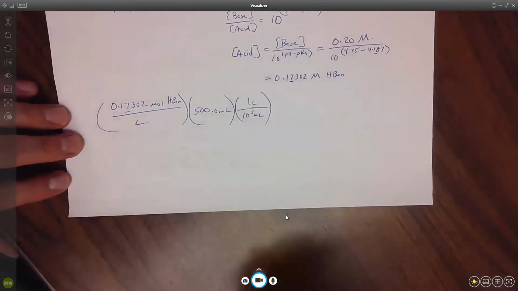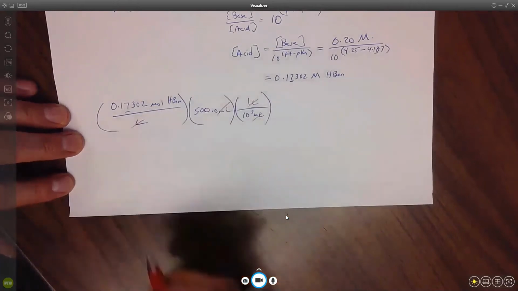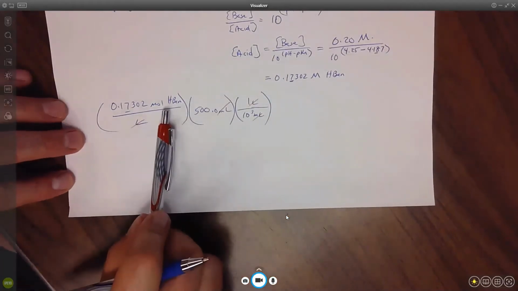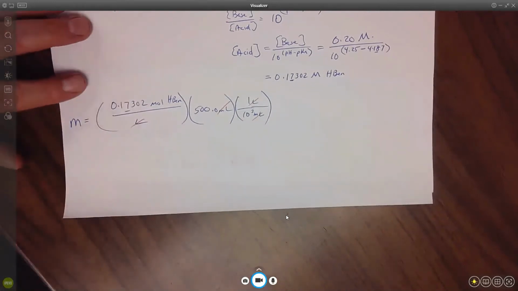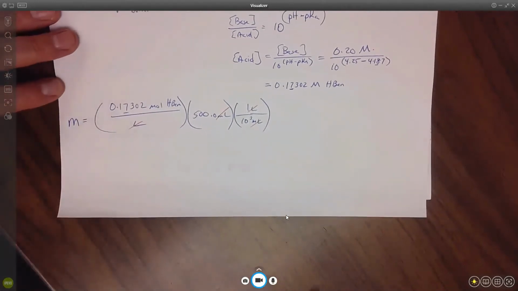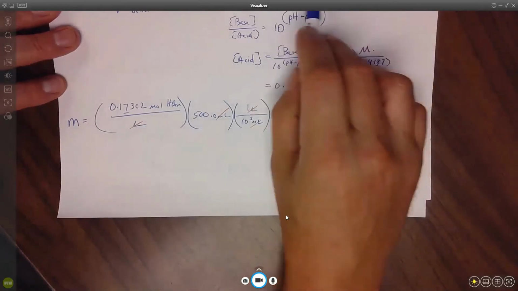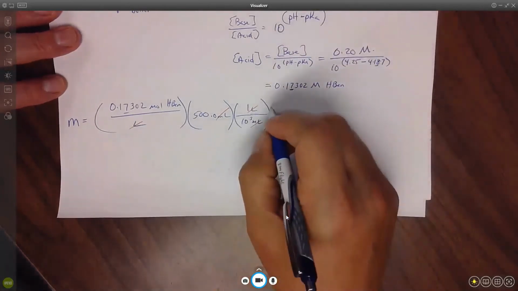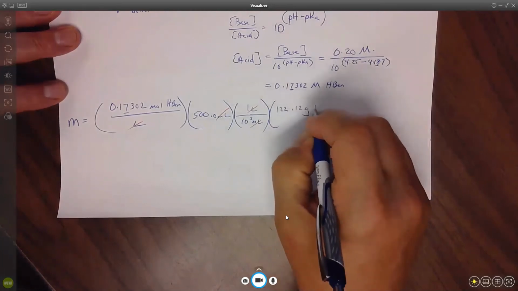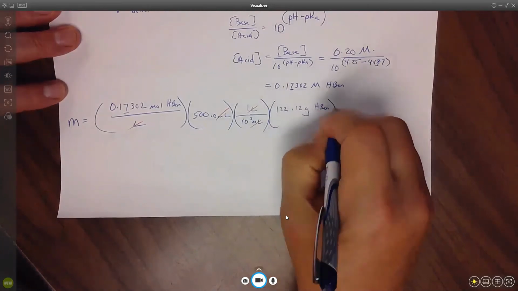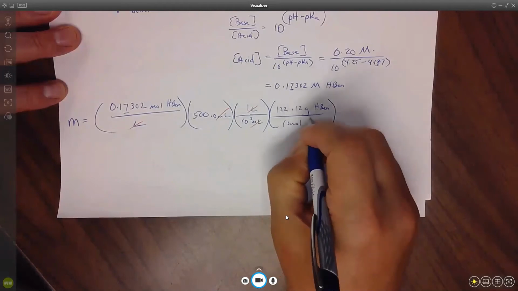So now my milliliters cancel, my liters cancel, and now I have moles. But I want the mass, right? I want the mass of benzoic acid. So now I just have to calculate the mass from the actual formula. You'll see that there's 122.12 grams of benzoic acid per mole of benzoic acid.